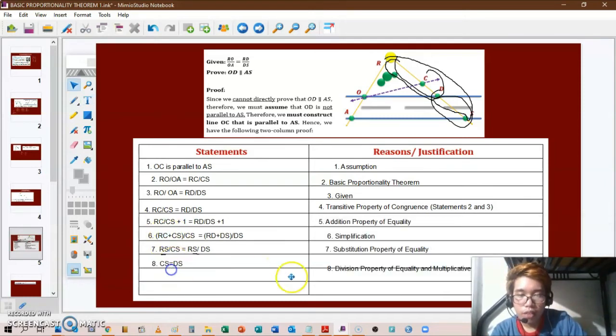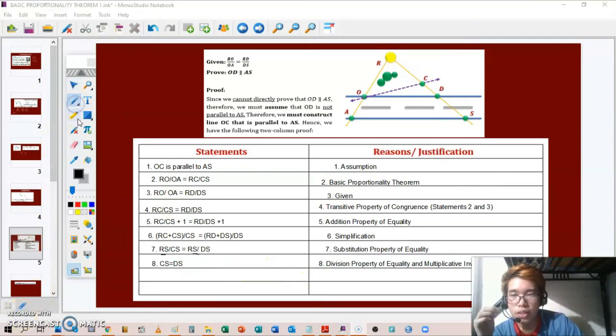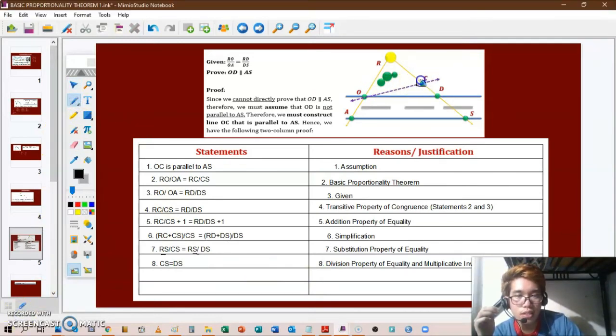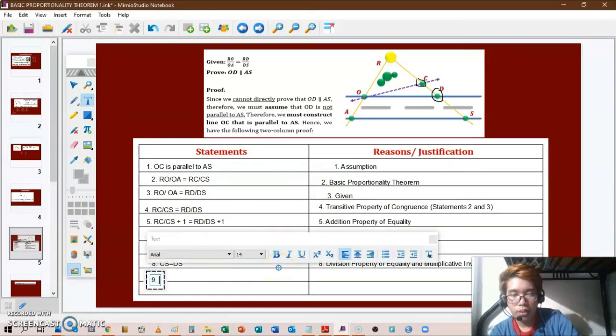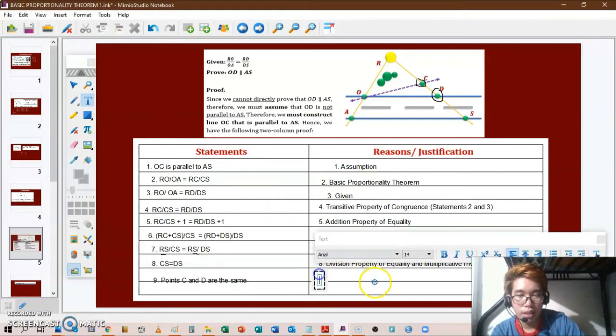And for our 9th statement, since CS is congruent or equal to DS, we can also say for number 9 that points C and D are the same, because it can be reflected by the symmetric property of equality.